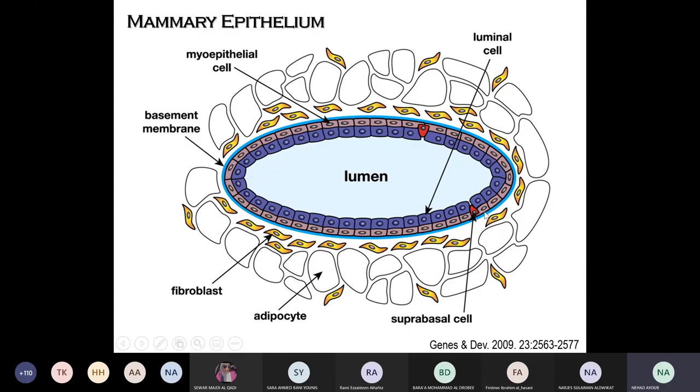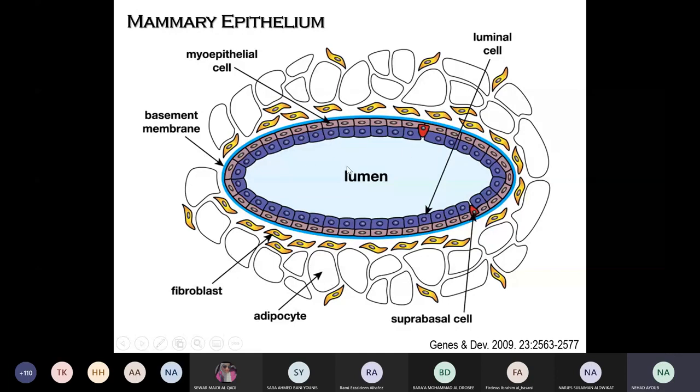The basement membrane is a highly proteinous complex, very rich in proteins, big, huge, complex proteins. The function of the luminal cells is to make or synthesize the mammary milk. The myoepithelial cells have some sort of muscle proteins, so they contract to push the milk out of the luminal cells into the lumen.